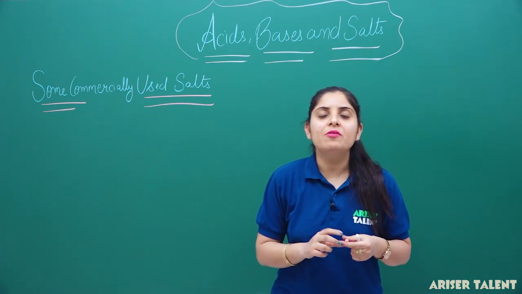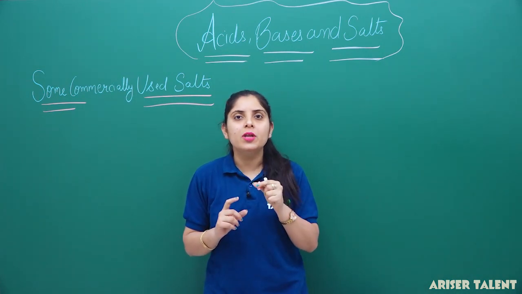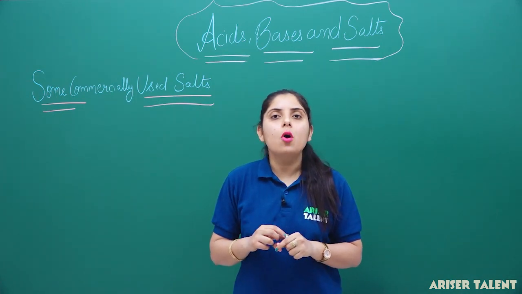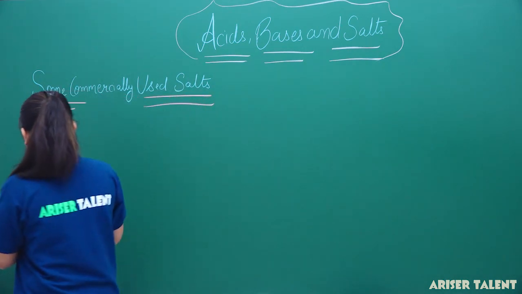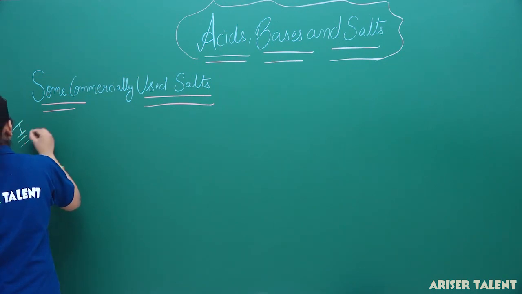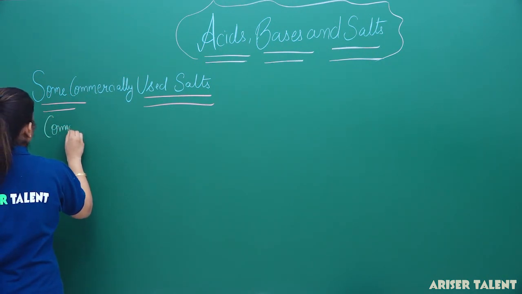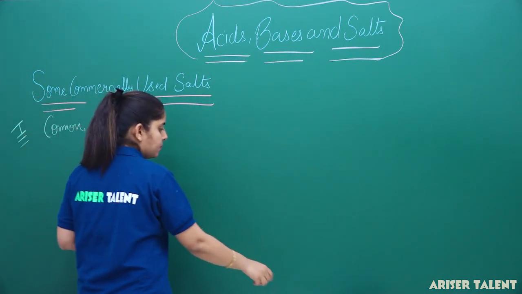So in this category we are dealing with our first type of salt. The first type of salt is sodium chloride, basically known as the common salt. So our first category is common salt.